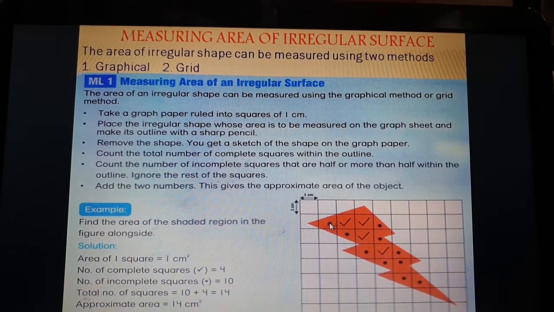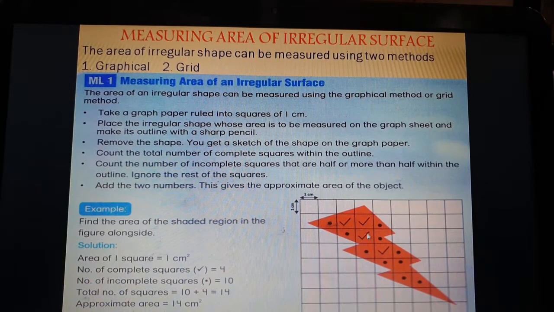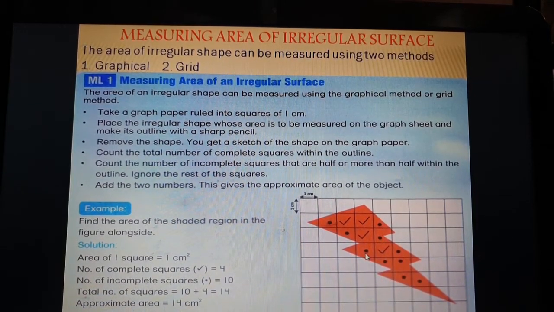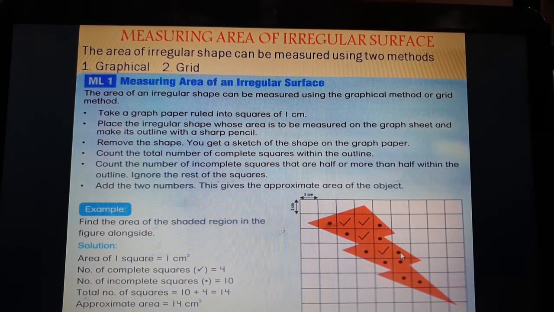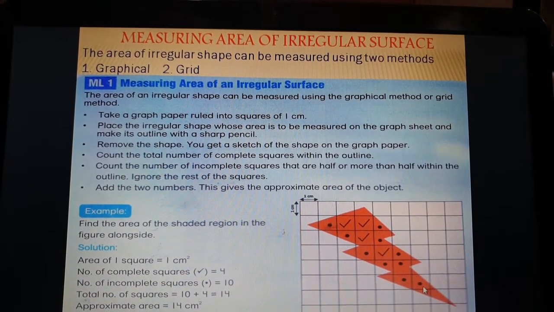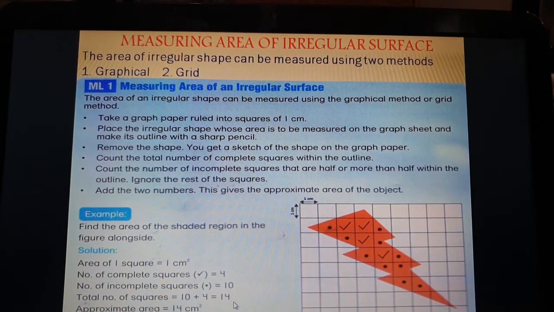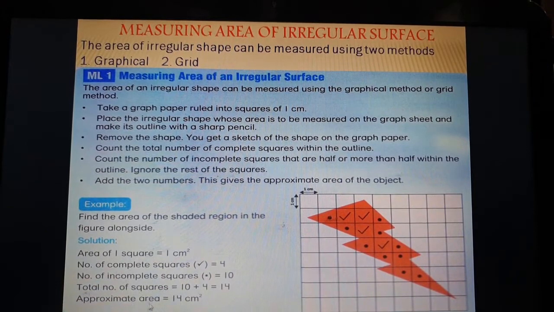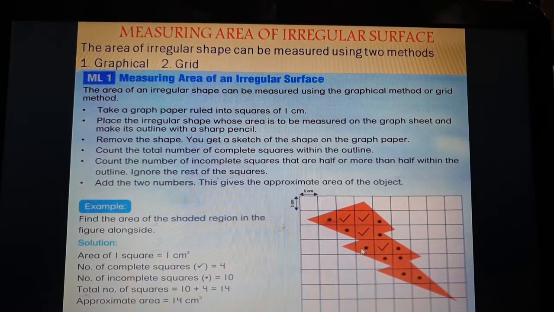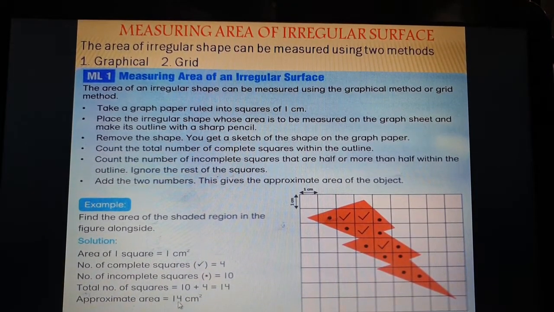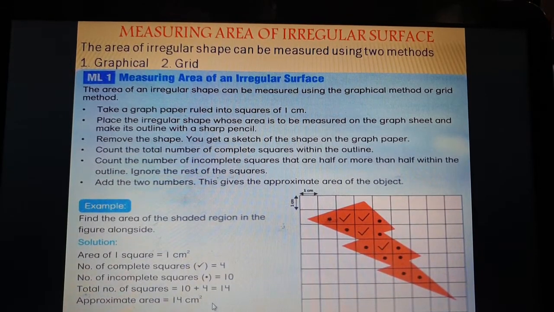Let us count once again: 1, 2, 3, 4, 5, 6, 7, 8, 9 and 10. So dots are 10. Now total number of squares is equal to 10 plus 4, that is equal to 14. So approximately the area of the complete irregular surface is 14 centimeters square.